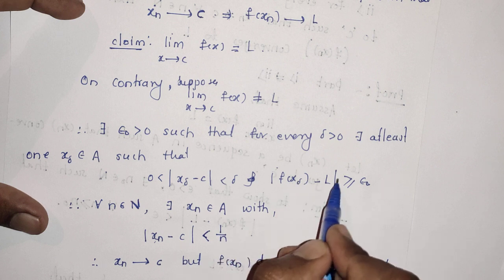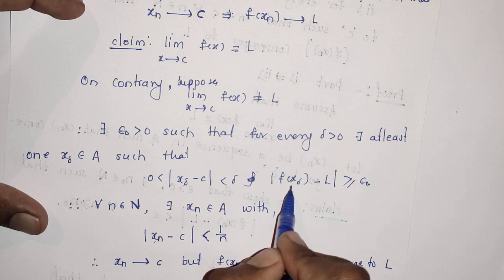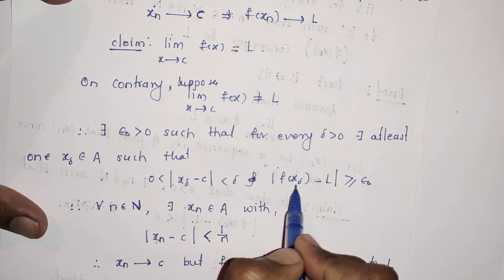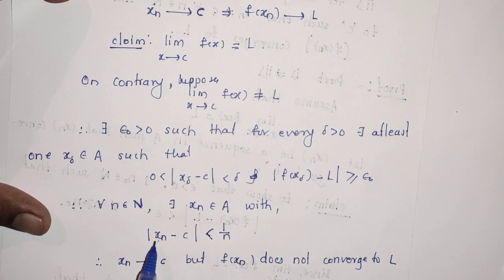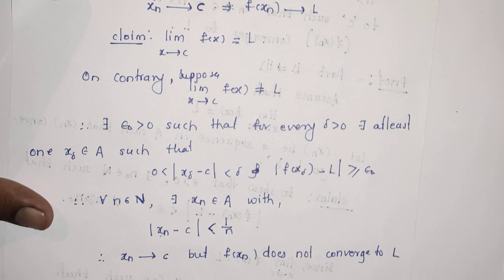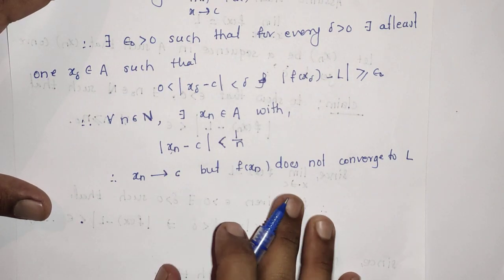So f of xn minus L greater than or equal to epsilon means there exist some elements of A for which the image of that element is not close to L, but those elements are very close to C. So this is a contradiction to the given assumption.